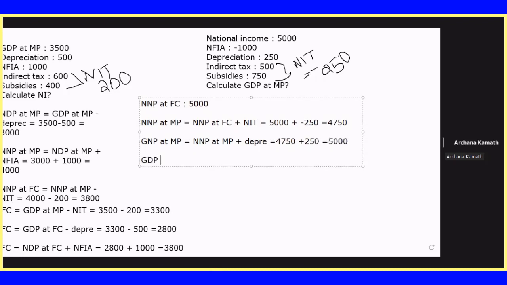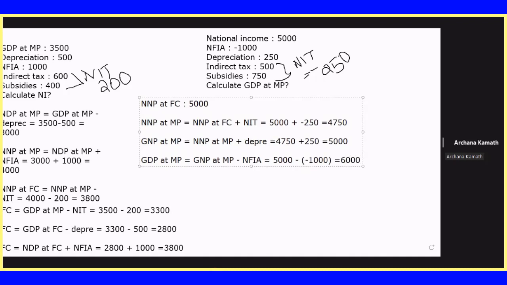From there, you can go to GDP at market price from GNP at market price. National is a bigger concept. Domestic is a smaller concept. So you have to deduct NFIA. Deduct NFIA from national to get domestic. So 5,000 minus NFIA, be very careful. NFIA is negative. That means outflow is greater in this country than the inflow.